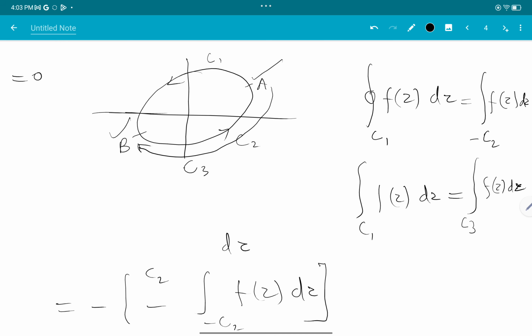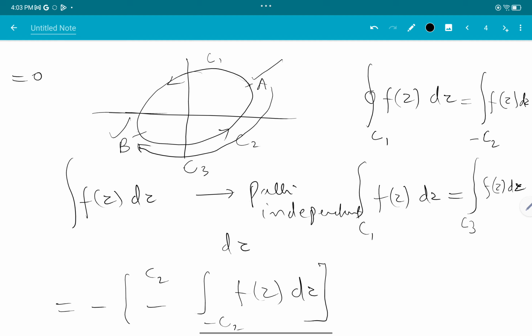It means that it does not matter which path you choose for integrating a complex function from one point to another point. That means this integral of f(z) dz is path independent.